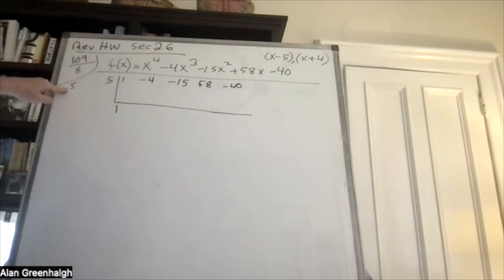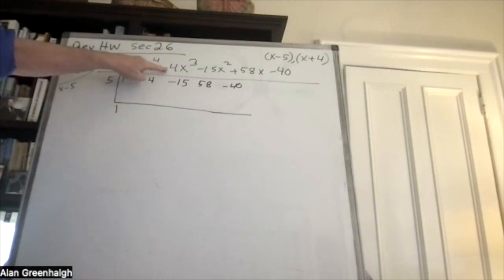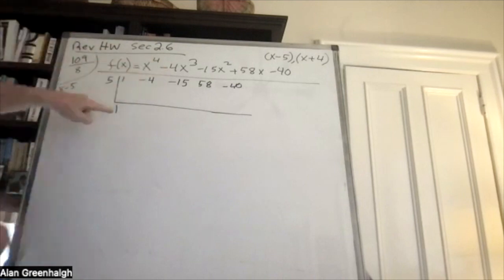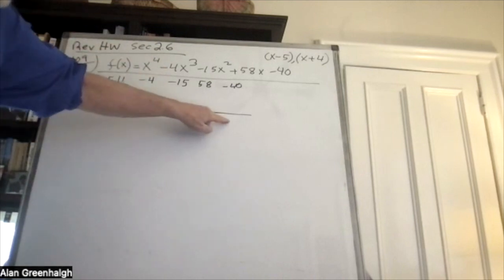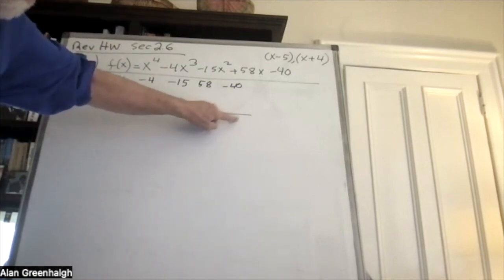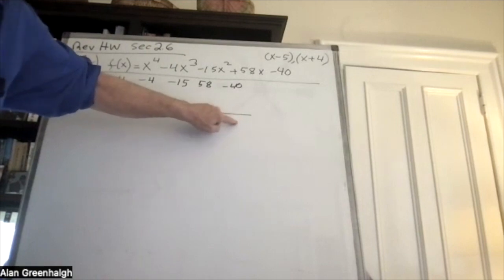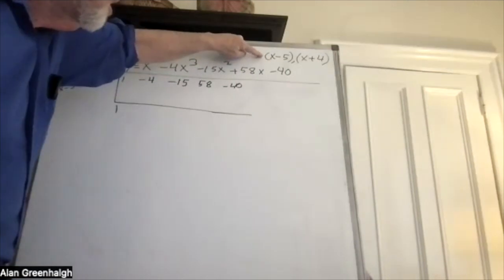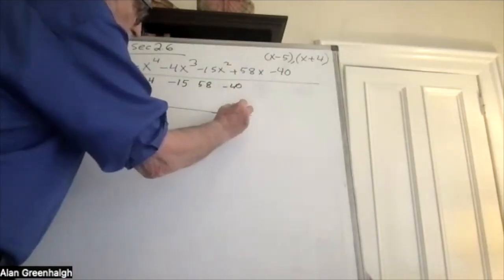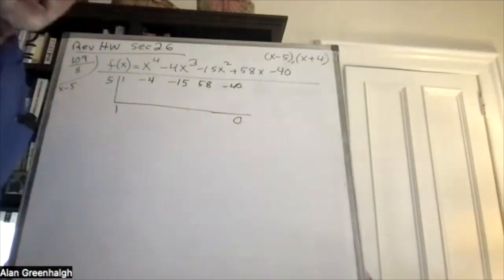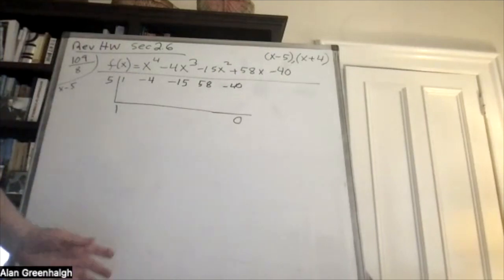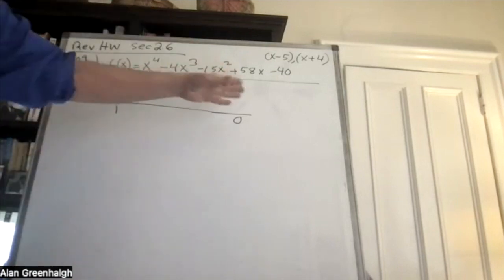If this is a factor of this, then when I use synthetic division, the remainder will be 0. Now they're telling us that this is a factor, therefore, I know that's going to be 0. If it's not, either I've made a mistake or we were lied to.